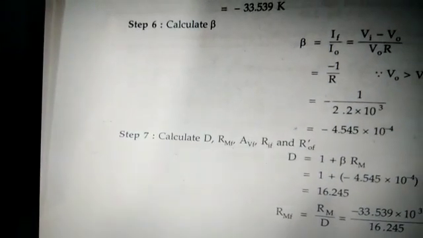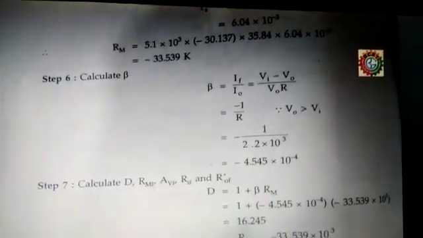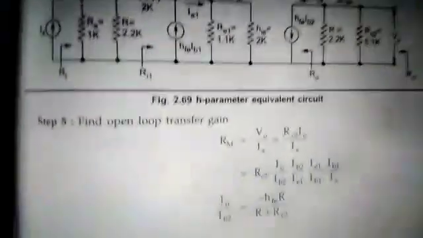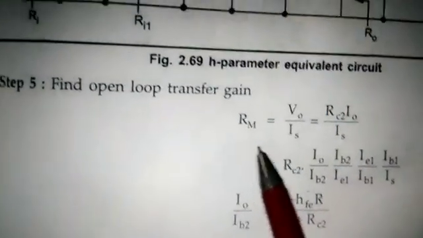Since it is a voltage shunt feedback, the trans resistance is the gain. Hence, you have to calculate the RM and RMF. So here, the first step is to calculate this RM.